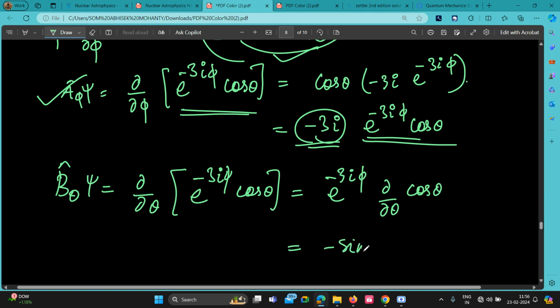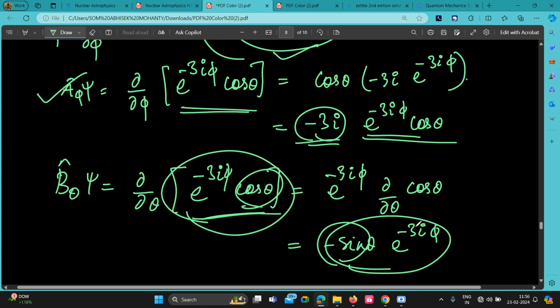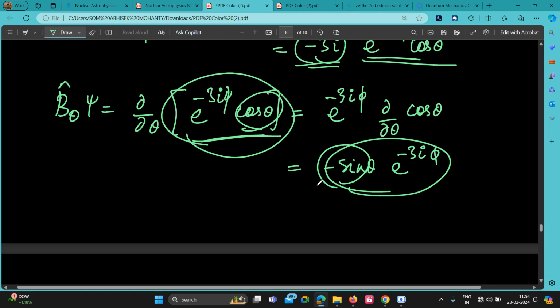So minus sin theta e to the minus 3i phi. I'm not getting that value again. This is cos theta, here it is sin theta. So I'm not getting that repeated value. So psi is not an eigenfunction of B theta. Is it clear? Because I'm not getting psi again.